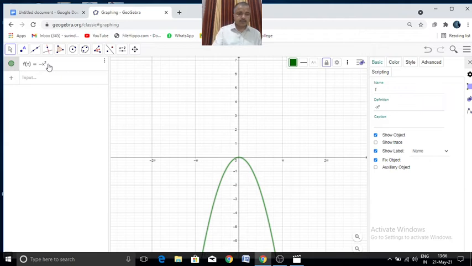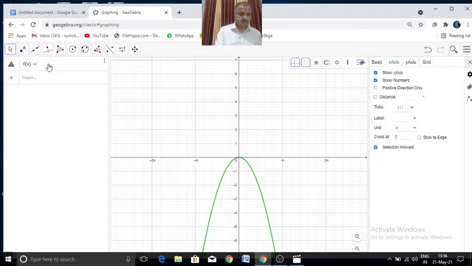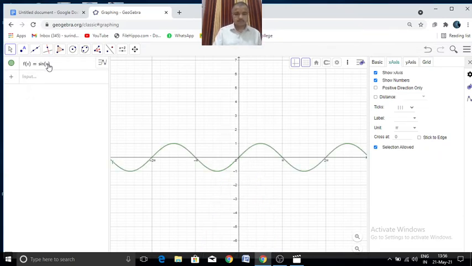We shall draw the curve sin x. So this is the curve y equal to sin x, and now we shall take the interval (a, b) as 0 to 2 pi.